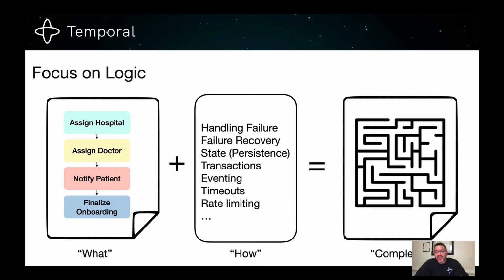A lot of times when we start writing our applications, we want to focus on our business logic, which actually implements our requirements. Along with that, we always have to deal with non-functional requirements such as handling failure, recovery, persistence, making our applications transactional, and getting them ready for production.